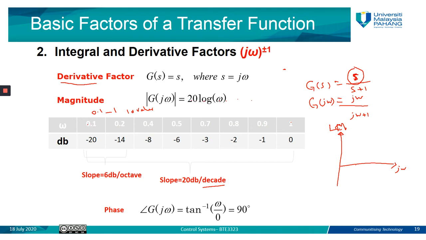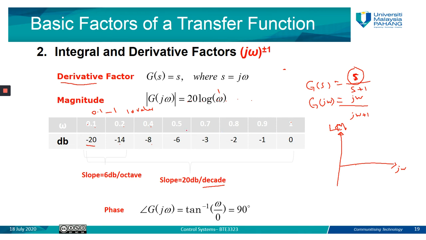Okay, for each value here, we are going to find what is the log magnitude. So 20 log 0.1, if you use your calculator, will give you negative 20 dB. 20 log 0.2 will give you negative 14 dB. 20 log 0.4 will give you negative 8 dB, and so on, until you reach 20 log 1, which will give you 0 dB.